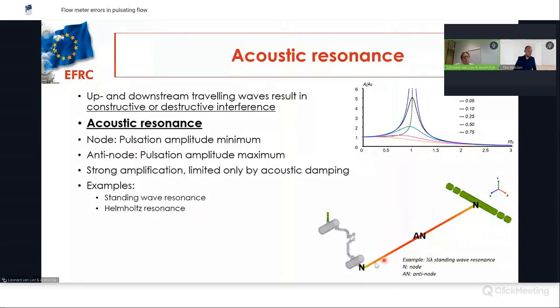So for this example, you will have minimal pressure pulsations at the node and the node, and you have maximum pressure pulsations at the antinode in the middle. So this is a nice example of a half lambda standing wave resonance, which is the most common type of resonance you observe in systems. Also, other resonances can occur, like the Helmholtz resonator, depending on the properties of the system and the speed of sound.